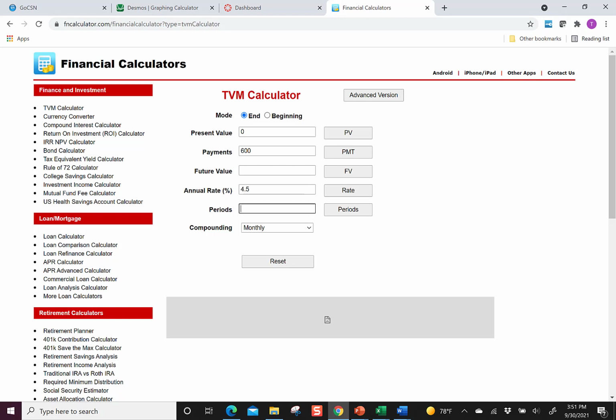The period, we had 9 years where we're making payments every month, so 9 times 12 gives a total of 108, and once again, this is monthly. So I go to the future value, and it says $79,706.76. So here is our future value. This is at the end of 9 years.